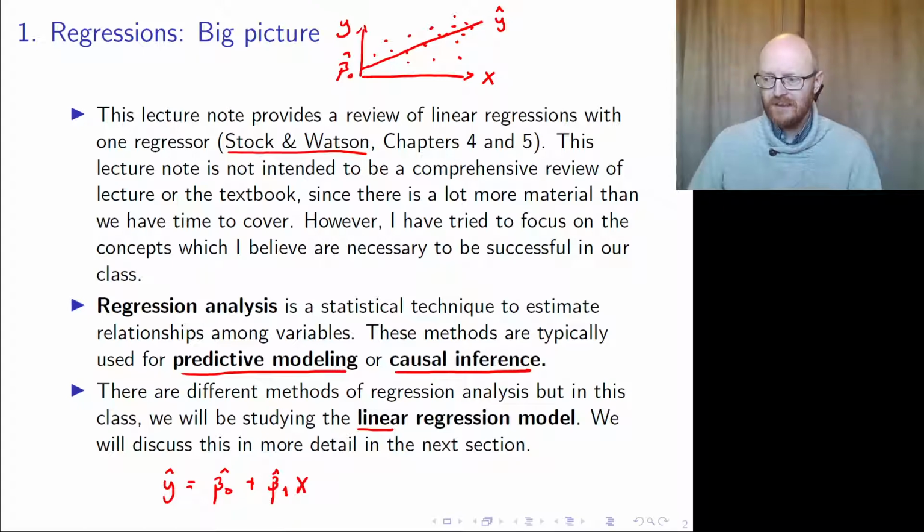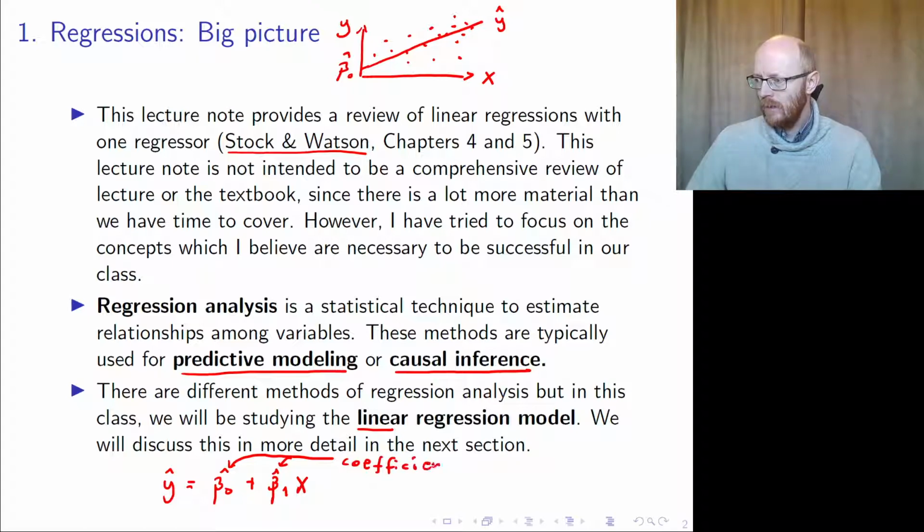So this is the estimated line. And linear means that it's linear in the coefficients, and here you find the coefficients.